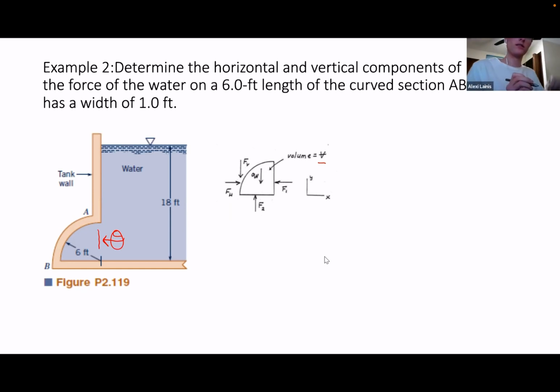Say again? So, F2 comes from a responsive force from the weight, right? Yep. Then you have F1, that's a force onto the circular part just from the water. Wouldn't there also be a vertical force from the water, or I guess it'd be from the bottom.